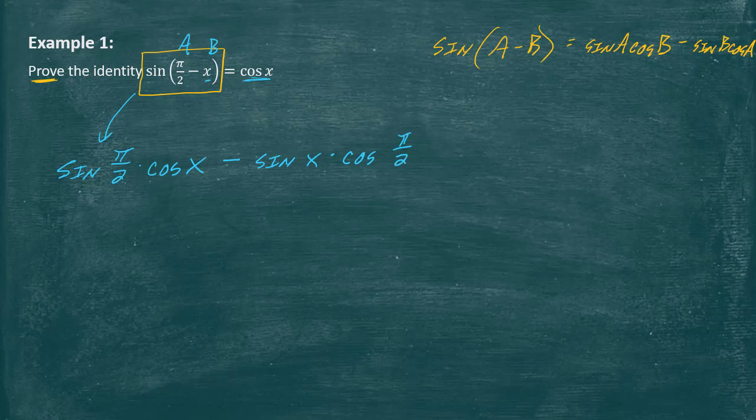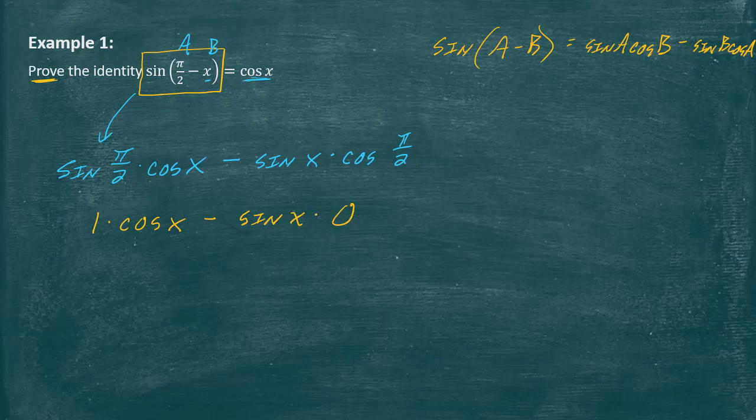At this point we should recognize that pi halves is one of the angles on the unit circle that we can reference. Sine of pi halves has a value of 1, so this will turn into 1 times cosine of x, minus, I'd have sine of x still here, times cosine of pi halves, which actually is 0.